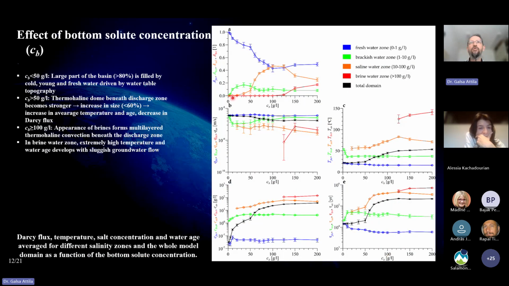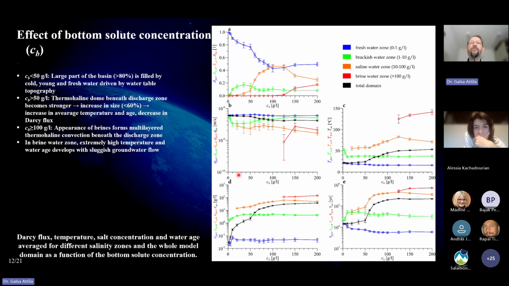So when the bottom solute concentration increases, the relative size of the freshwater zone decreases from 100% to approximately 50%. Parallel to this, the size of the brackish water zone, then the saline water zone, then the brine water zone increases.